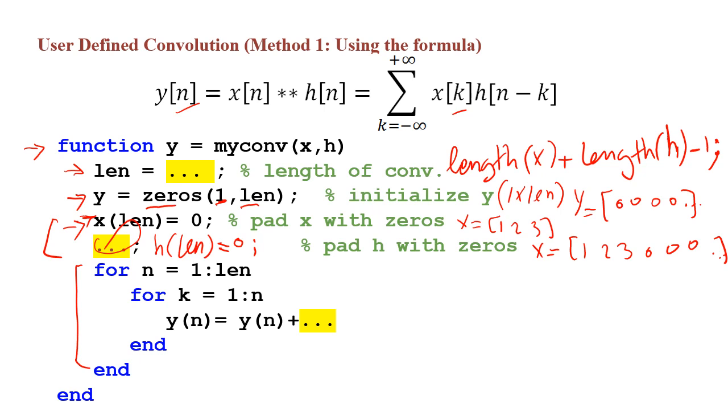The first for loop has an iterator named n, and we'll use it to assign values for each element in y. So that's why n starts at 1 and ends at len, which is the length of the signal y. The second for loop is to do the shifting for us.